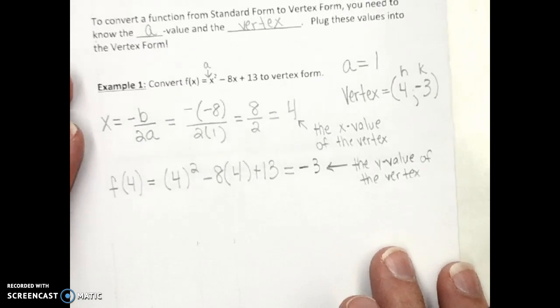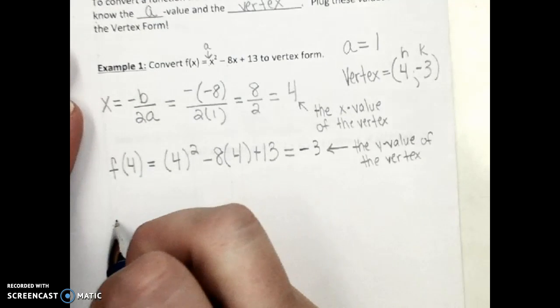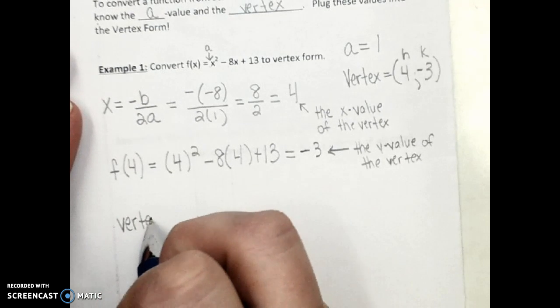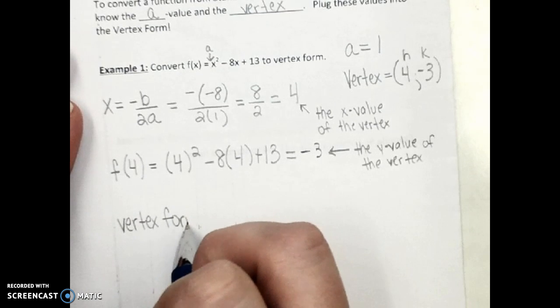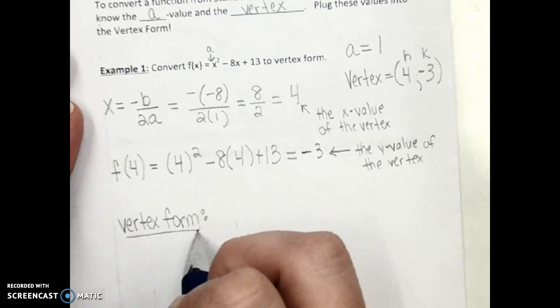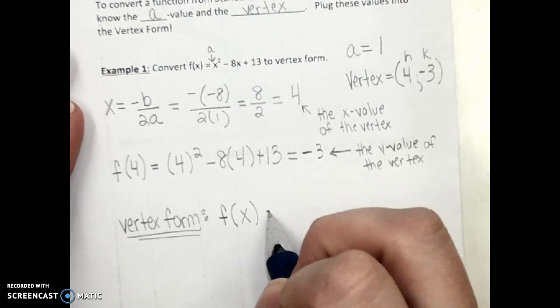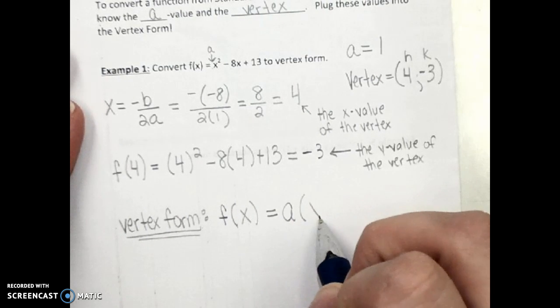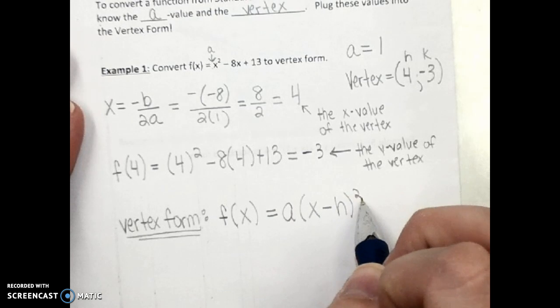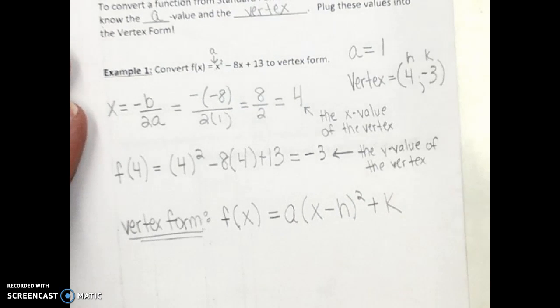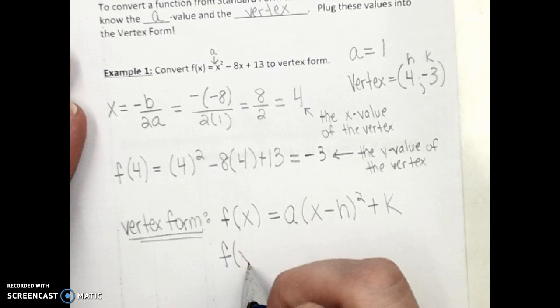So let's start out by writing down what is the vertex form of a quadratic equation. Vertex form is f of x equals a parentheses x minus h squared plus k. You will plug in what you know.